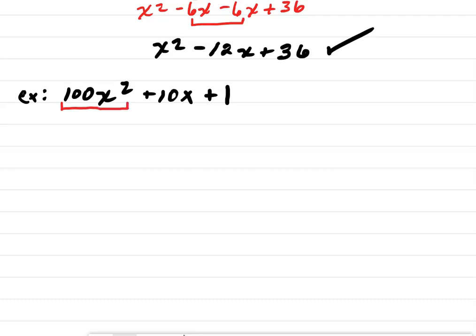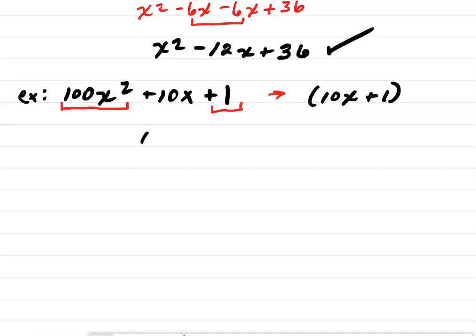If I do 10x times 10x, I'll get 100x squared. And our last term is also a perfect square because 1 times 1 is 1. And you would think that it would be written as 10x plus 1.